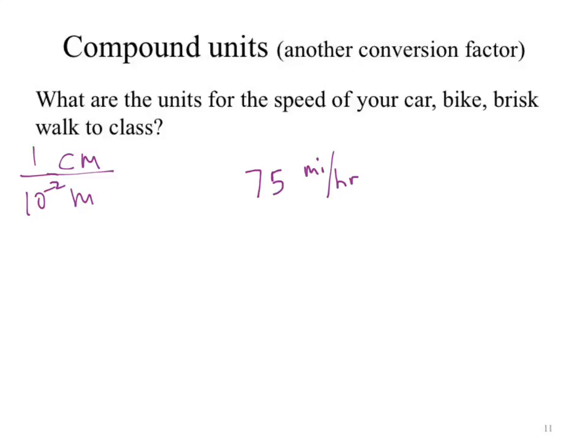Another way to write that, which is much clearer, is that you go 75 miles in 1 hour. It's a very subtle difference, but it allows us to see the conversion factor. We can now see the relationship between miles and hours.